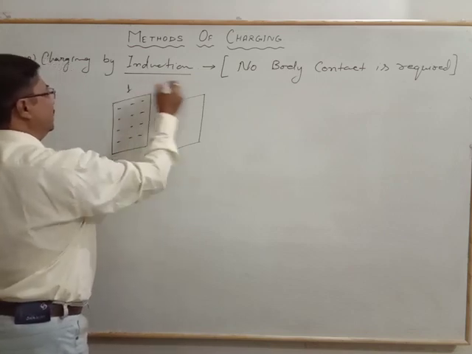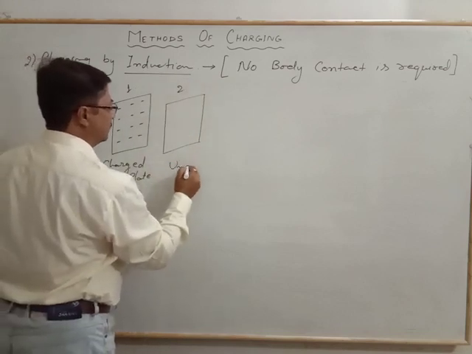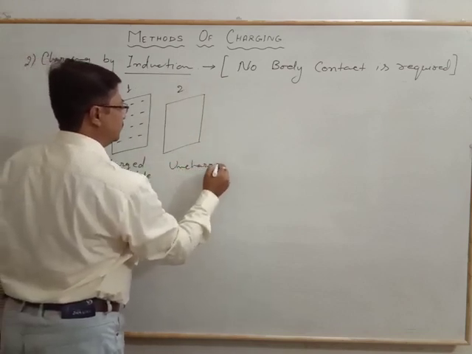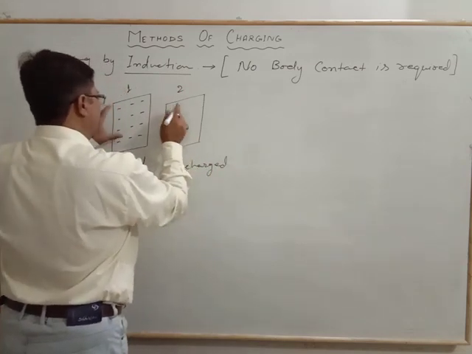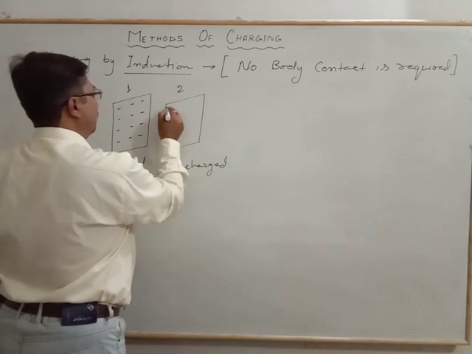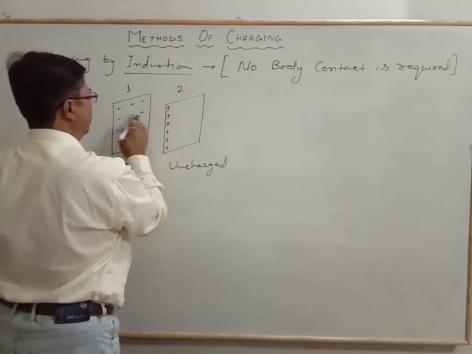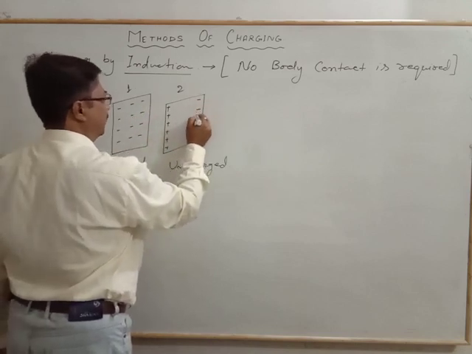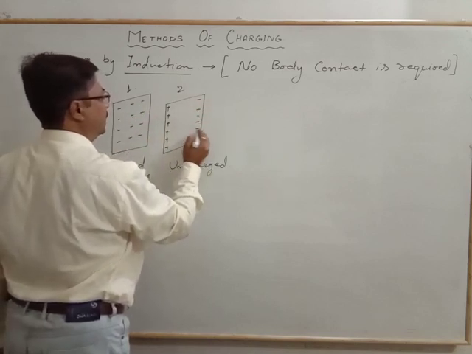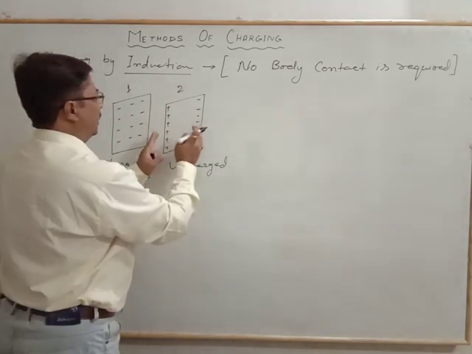This one is plate one and this is plate two, which was earlier uncharged. Here we will observe that the positive charge comes nearby to the negative plate, and the negative charge develops on the farther side of this one.